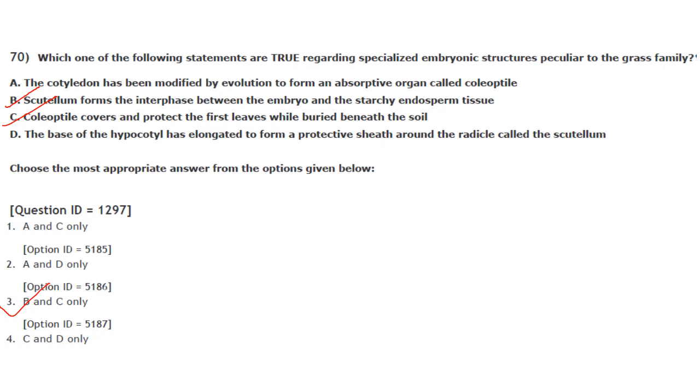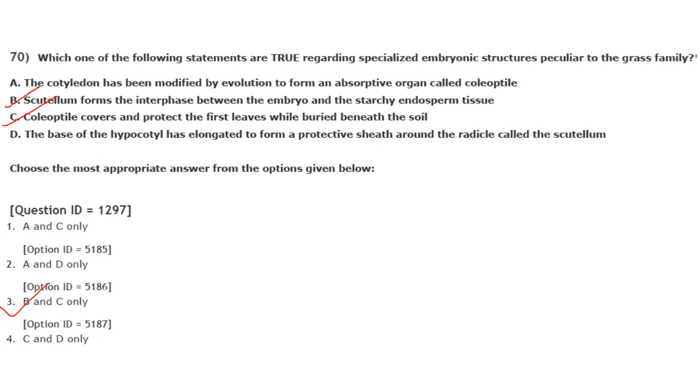Then scutellum forms the interface between embryo and starchy endosperm tissue. That is correct, because embryos of monocotyledons possess only one cotyledon and the cotyledon is called the scutellum. Then next one. Coleoptile covers and protects the first leaf while buried beneath the soil. That is also correct.